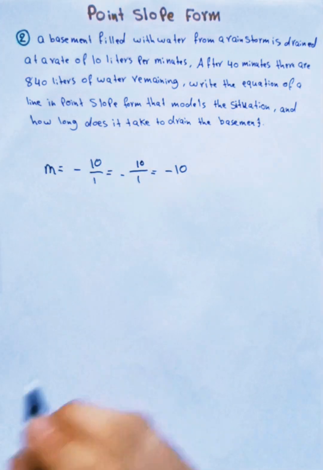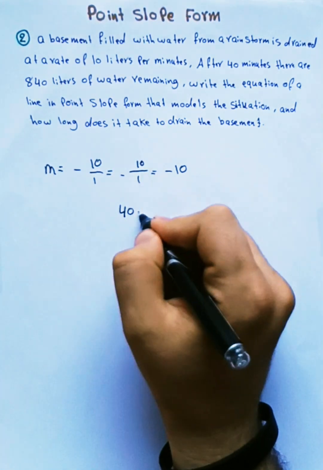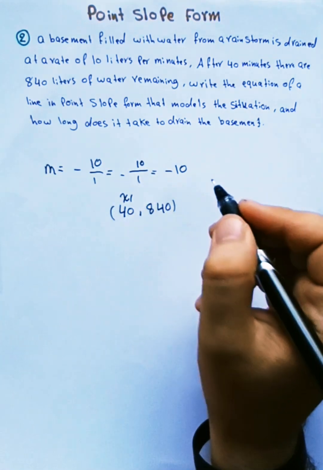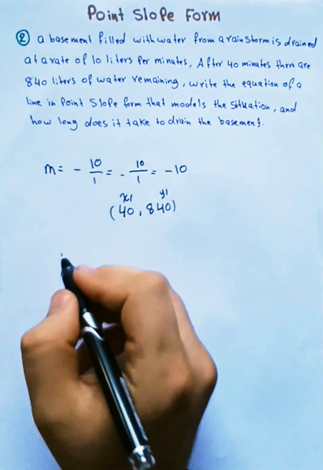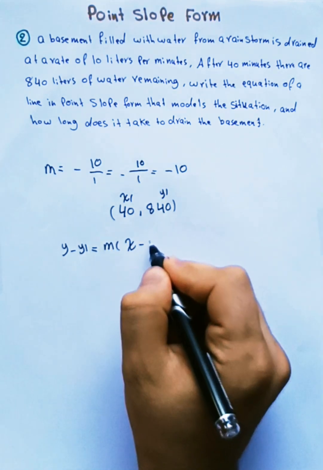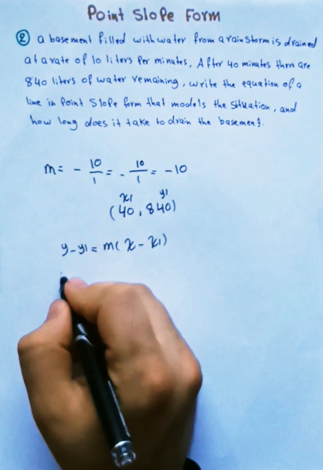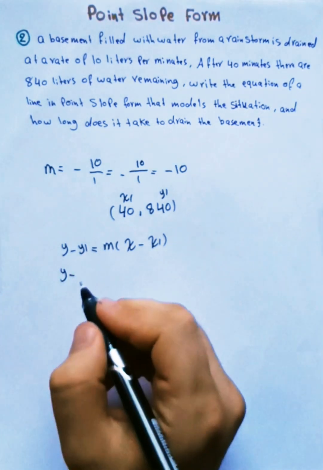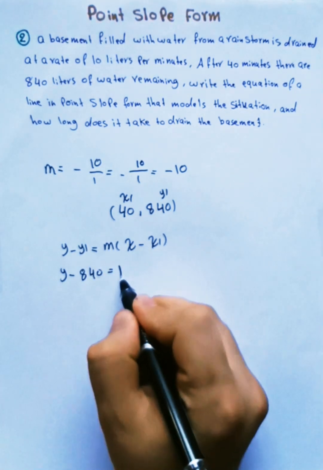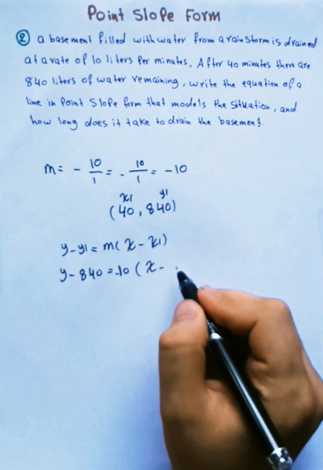And it passes through the point 40 and 840. So this is x1 and this is y1. The point slope form, y minus y1 equal to m times x minus x1. So y minus y1, which is 840, equal to m, negative 10, times x minus x1, which is 40.